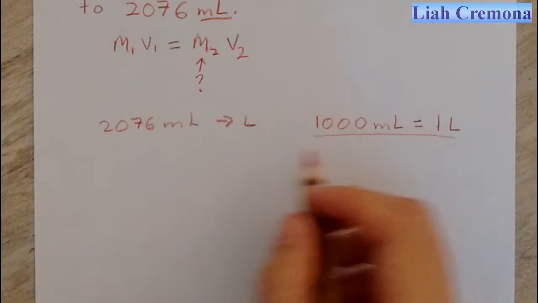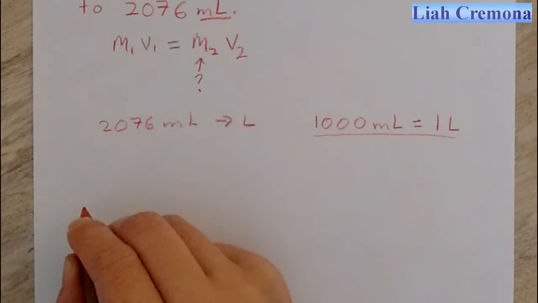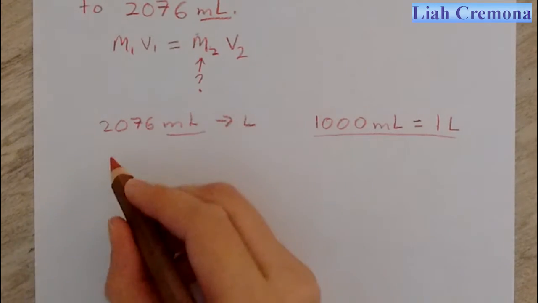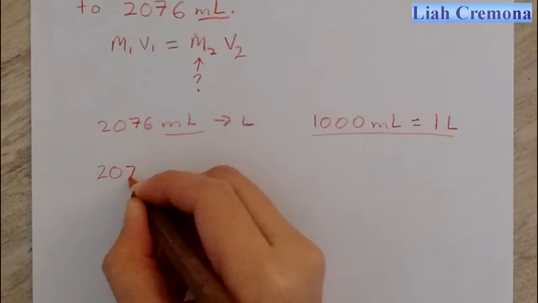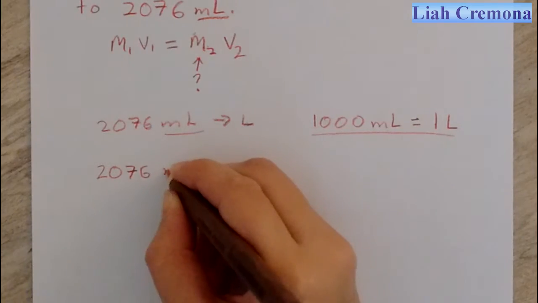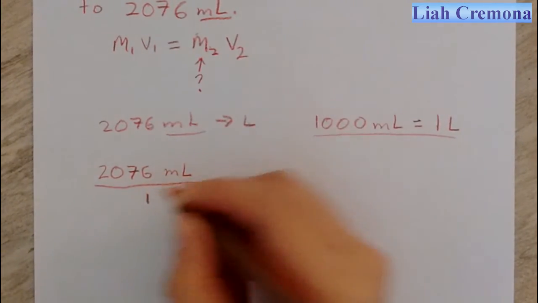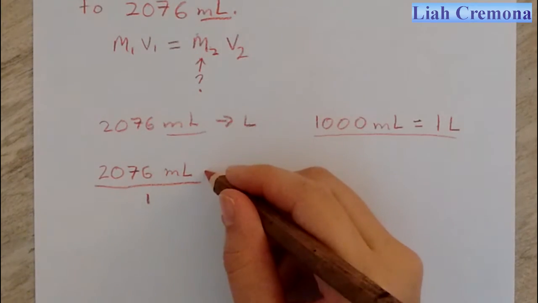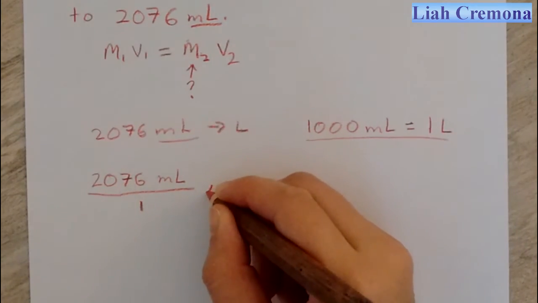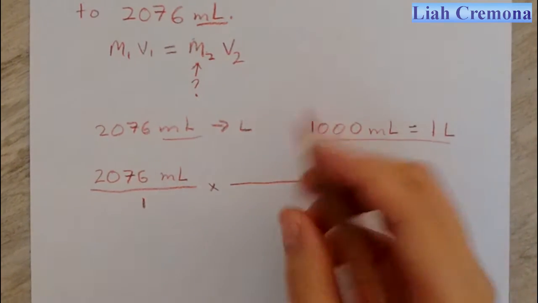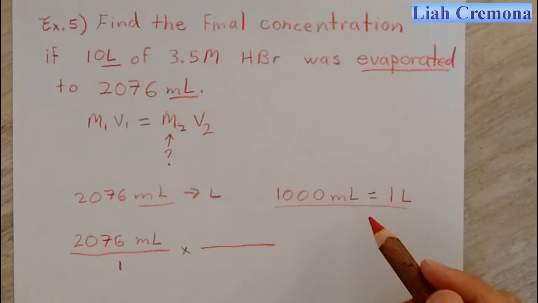You just have to know that this is the standard for milliliters and liters. In this case, I'm going to use this information to cancel out milliliters and get liters. So here I'm going to multiply 2076 milliliters as one fraction. Any number over 1 is just that number. This fraction times this information. To cancel out the same units in multiplication, they must be on different levels.